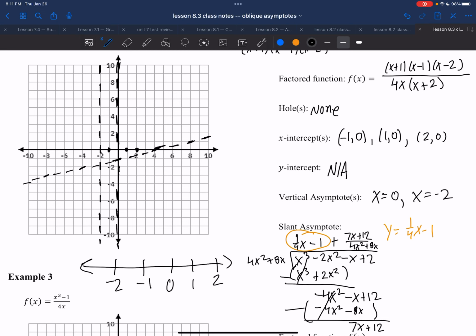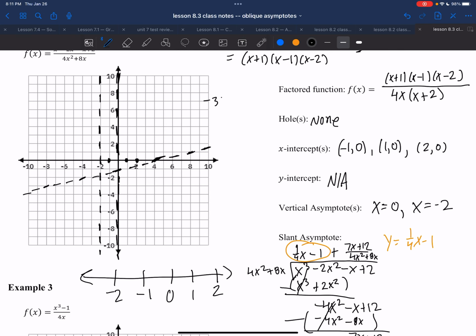Okay. Let's test this. -3. I'm not going to read this out loud. You just figure out the signs with me, yeah? That'll be negative over negative, so that is negative. Okay.